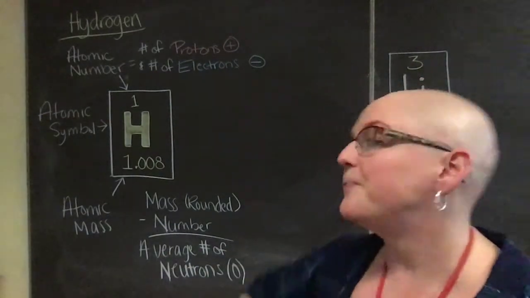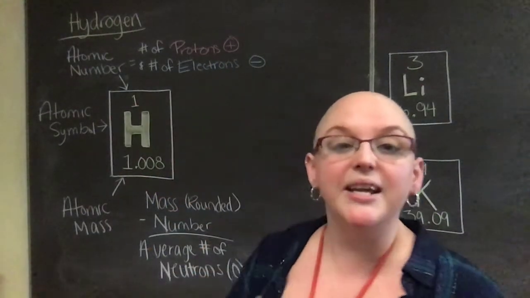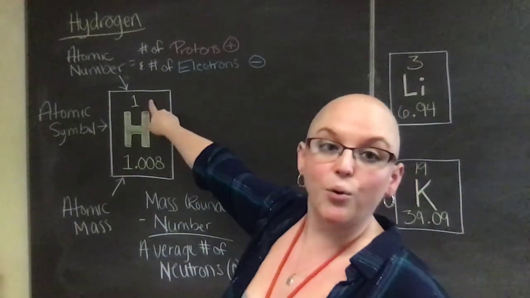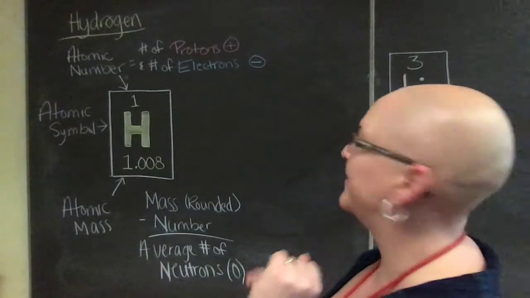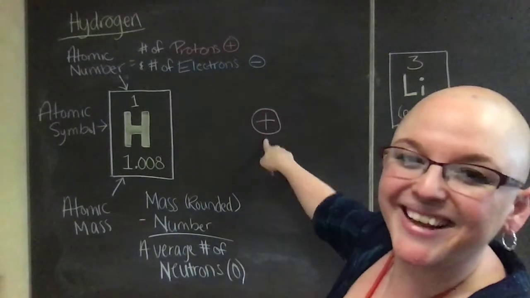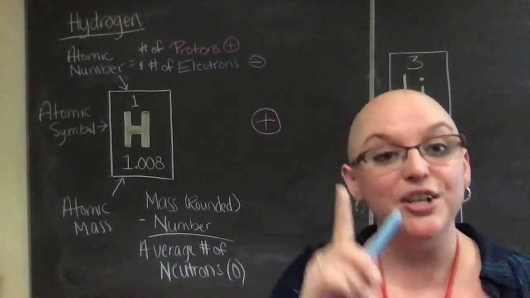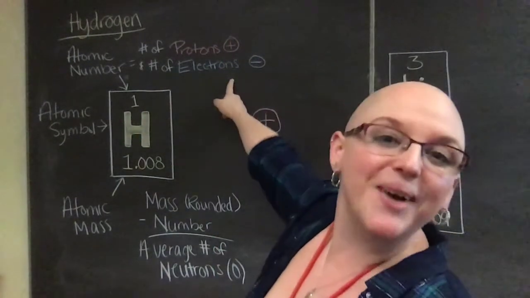So for example, with hydrogen and the atomic number 1, I can begin by noting that it has 1 proton. So I'm going to draw that proton in my nucleus. There's my proton. And then I will notice too that the atomic number, being 1, means it also has 1 electron.